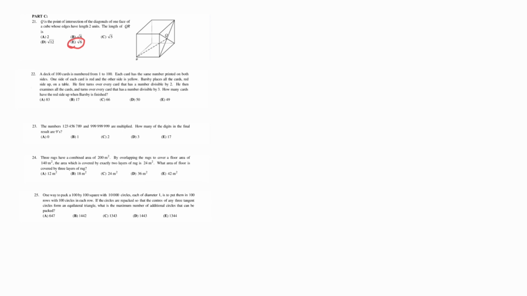So the deck of cards is 1, 2, 3, 4, continuing to 100. One side is red. One side is yellow. What he does first, he turns over every card divisible by 2. Divisible by 2, that's the even numbers.